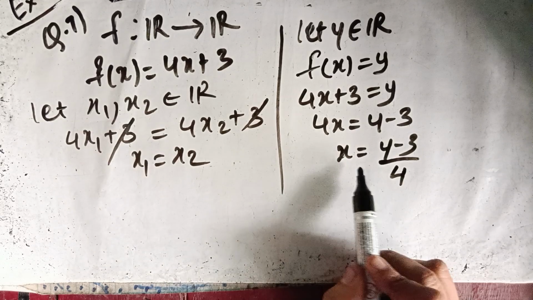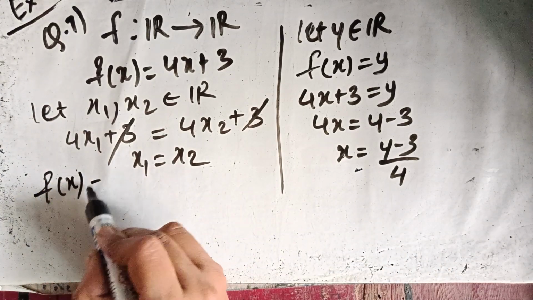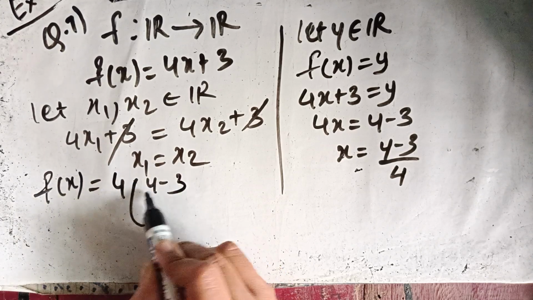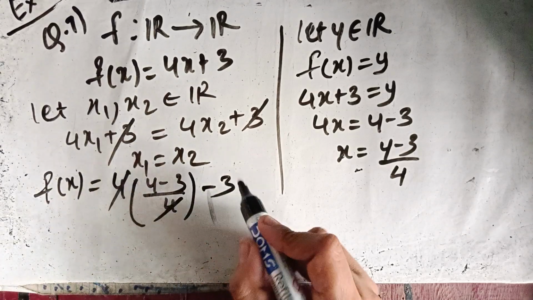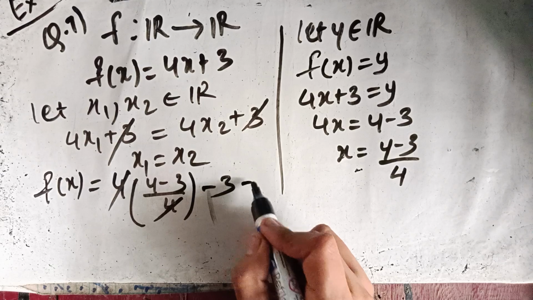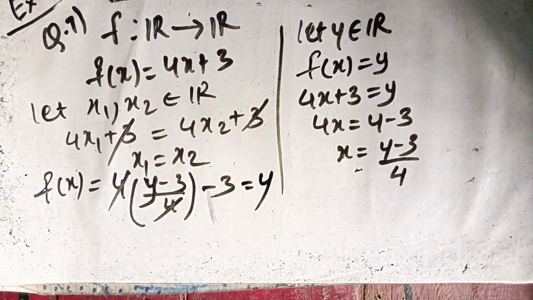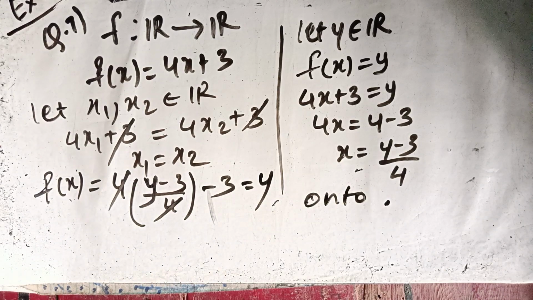Then we have to put this x in f of x. We get y. So this is onto. 1-1 and onto is proved.